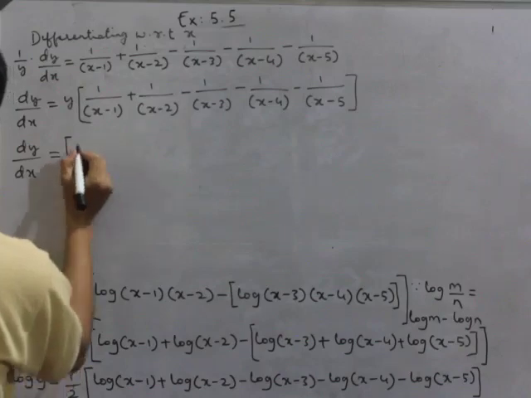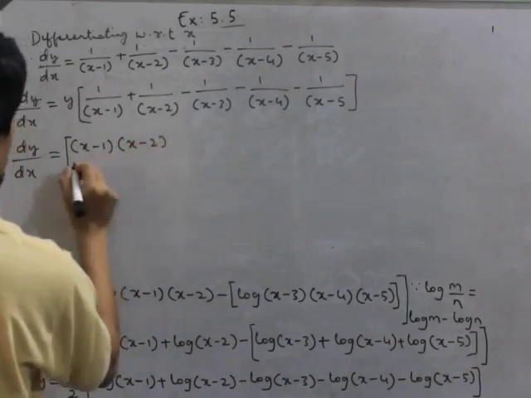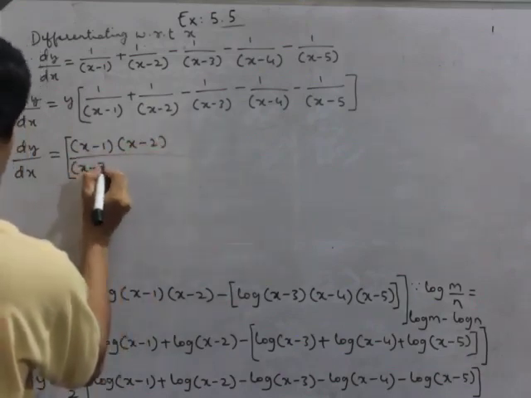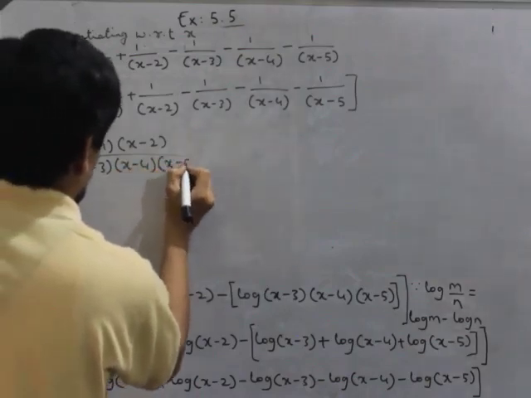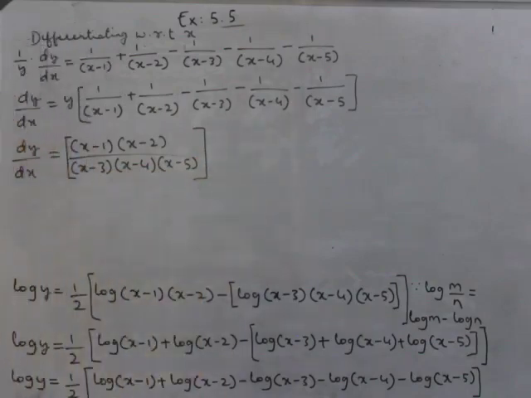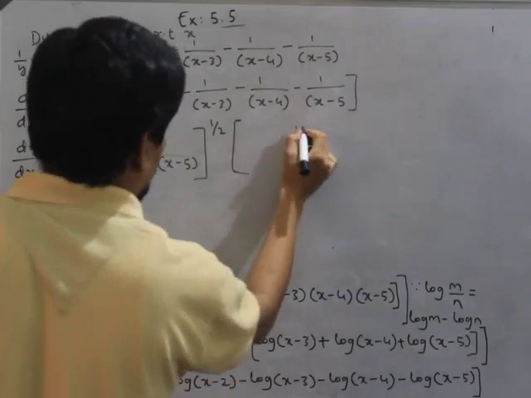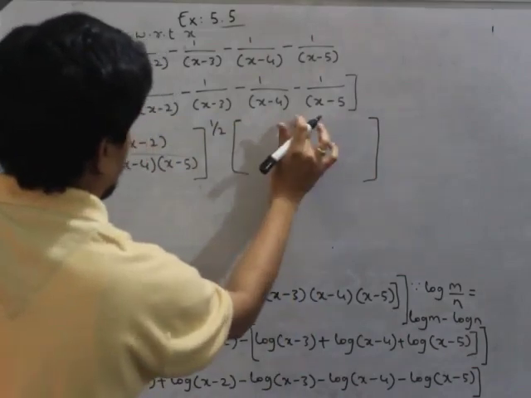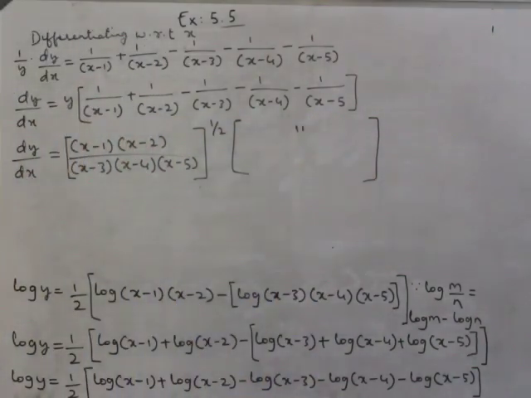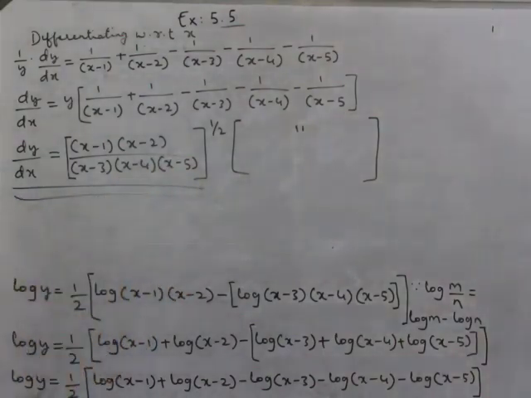The answer will be like this: x minus 1 into x minus 2 divided by x minus 3 into x minus 4 into x minus 5, to the power of 1 by 2, into this term. So I have given here same as above. Okay, this is the solution for your second question.